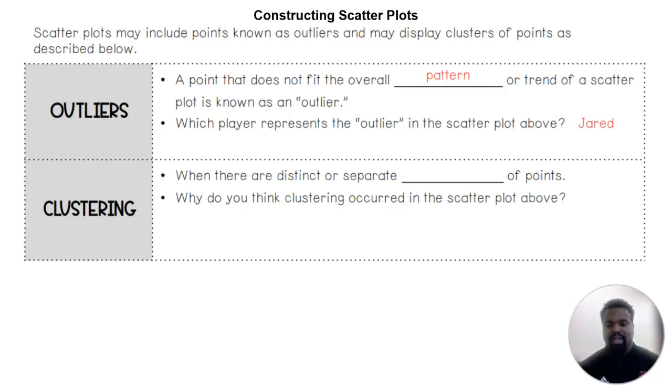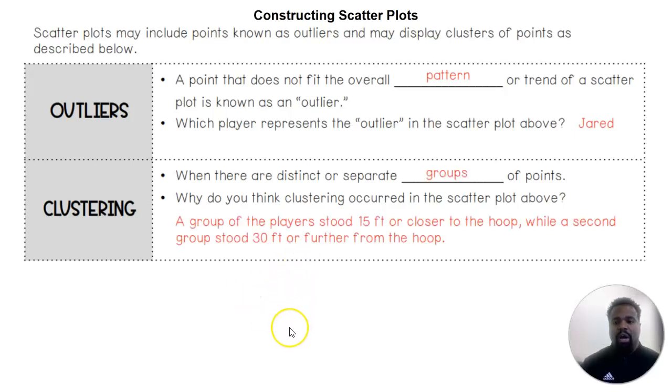It doesn't fit the pattern of your other points of data along your graph. The outlier that we saw, for question number 2, that was Jared.